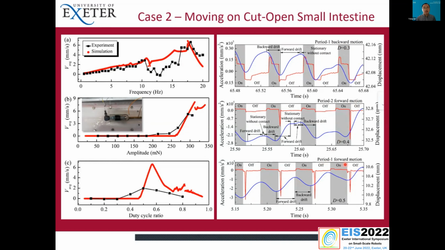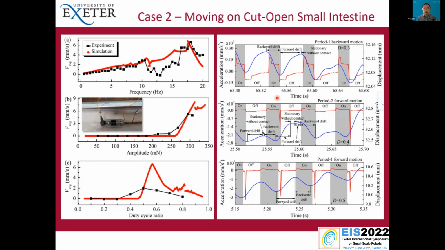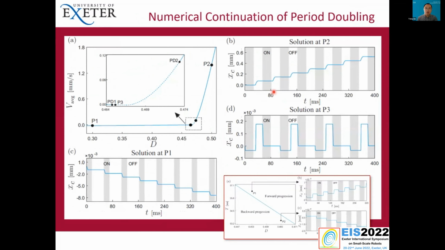So this gives us an idea about how to control the direction of the capsule by changing the duty cycle. By using the path following technique, we can find a boundary for this bifurcation, so we can choose parameters depending on whether we want forward progression or backward progression. By doing this, we are trying to track this bifurcation, which is called a period doubling bifurcation.